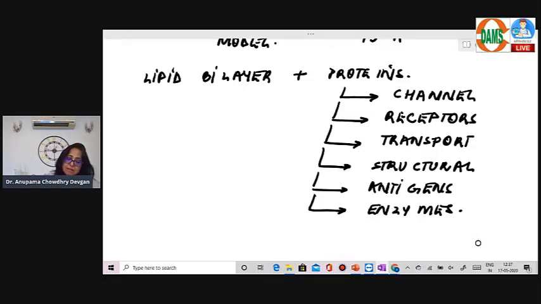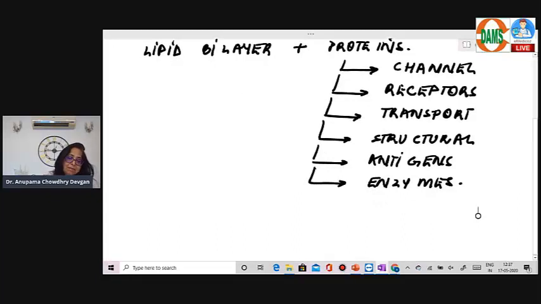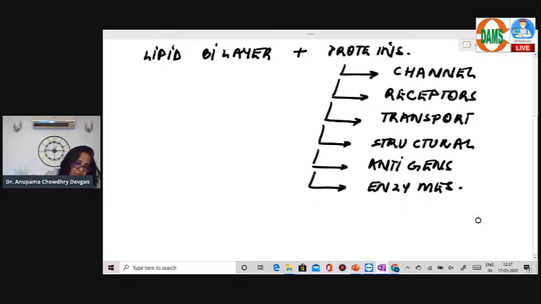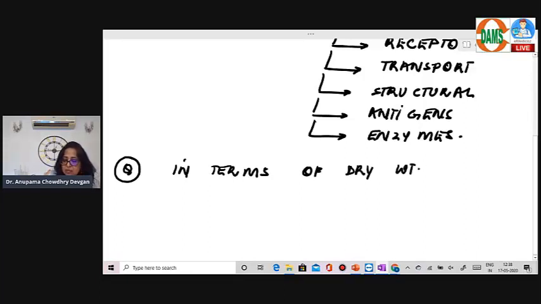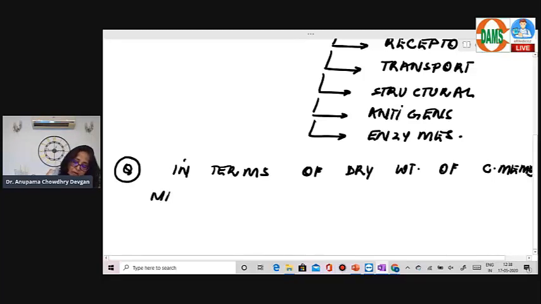Now, if you look at the lipid bilayer and proteins, in most cell membranes, there was a question which was asked, and this says, in terms of dry weight of a cell membrane, maximum are which of the following?